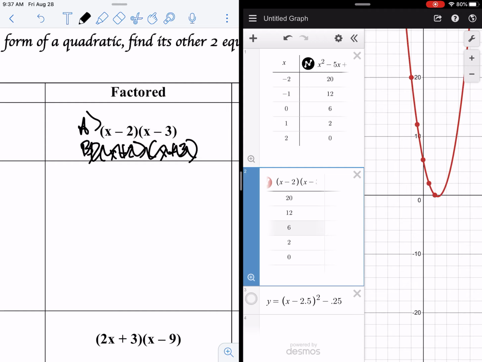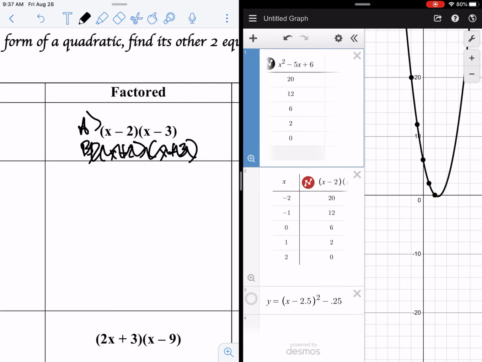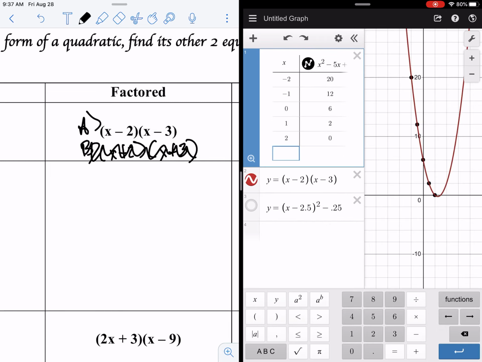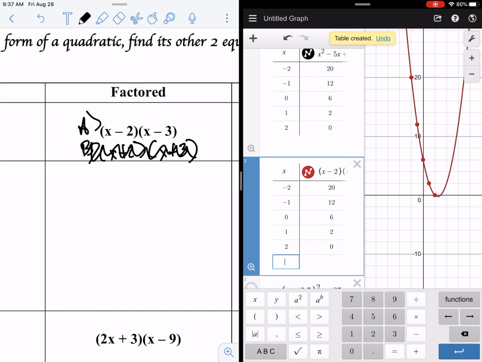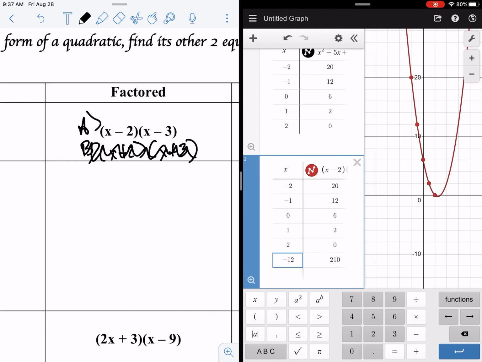Say, for example, your tables weren't as pretty or they weren't lined up as well. So say x was negative 12, and you had to use that point as a reference.